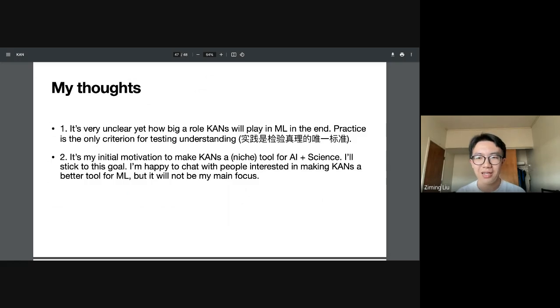I will try to make KANs a better tool so that people can use KANs as a more useful collaborator in their scientific research. And hopefully, in the end, using KANs as a collaborator, we can discover something like the mechanism of high temperature superconductivity, or solve the millennium problems, like the Riemann hypothesis or the Navier-Stokes singularity of the Navier-Stokes equation.